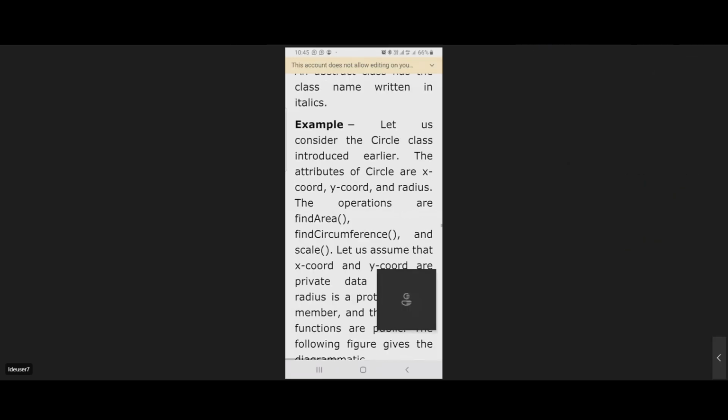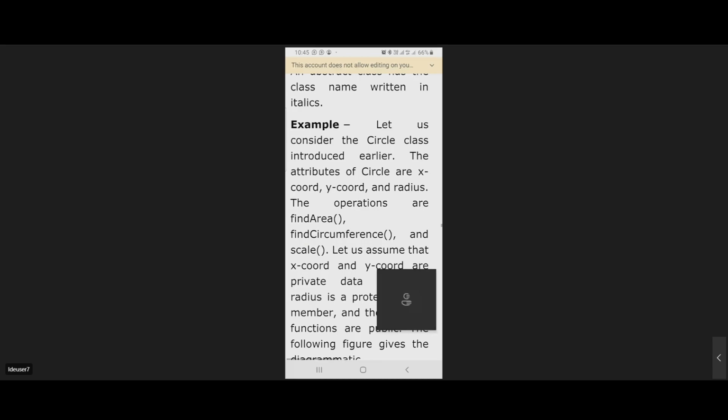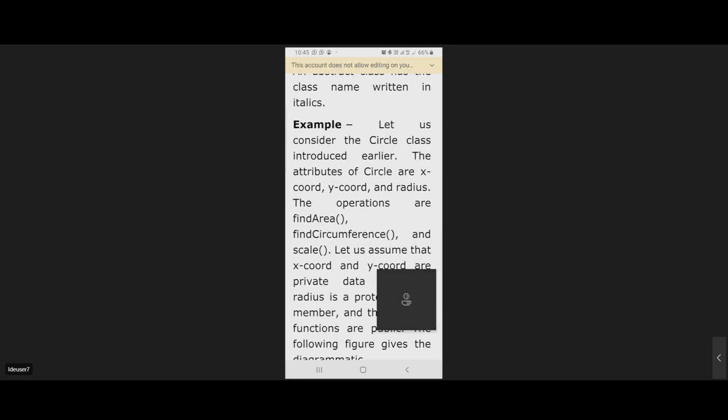For example, let us consider the circle class introduced earlier. We already discussed the circle class, which contains radius, x coordinate and y coordinate, and two different methods: one is finding the area, and one is finding the circumference. So we are going to draw the class diagram for that example.